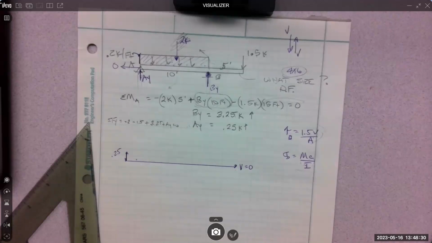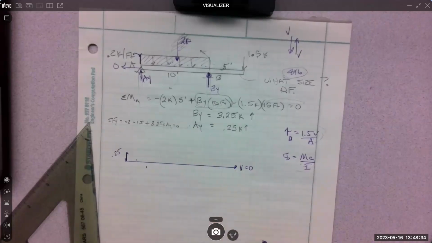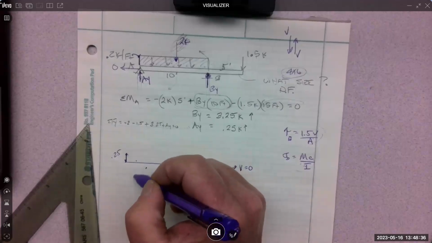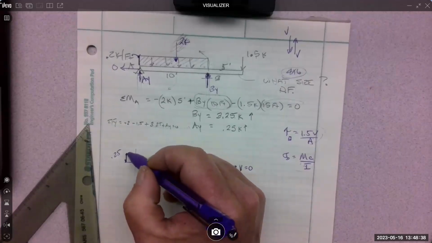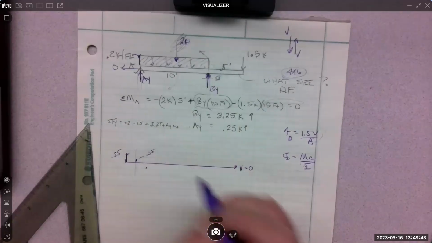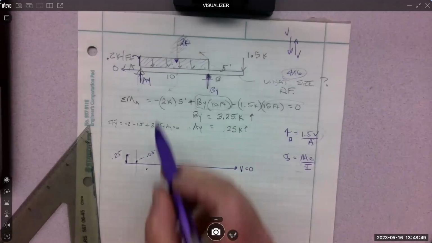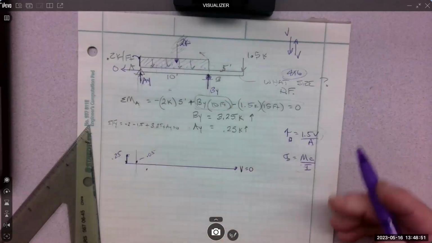And then at 2 foot, we're down 0.4. So here's 1 foot of beam. We drop 0.2, so that spot right there is 0.05. I mean, it's above the line still. But then we go down another 0.2. For every foot, we're going to go down 0.2.